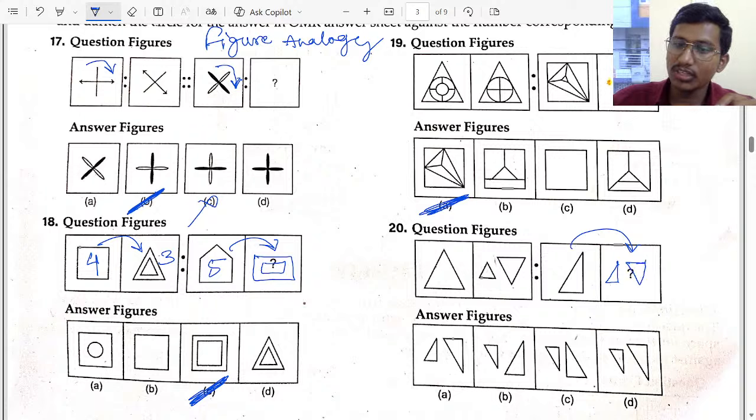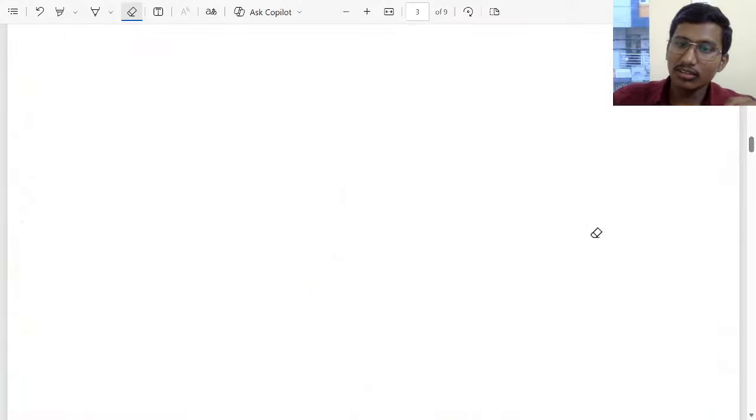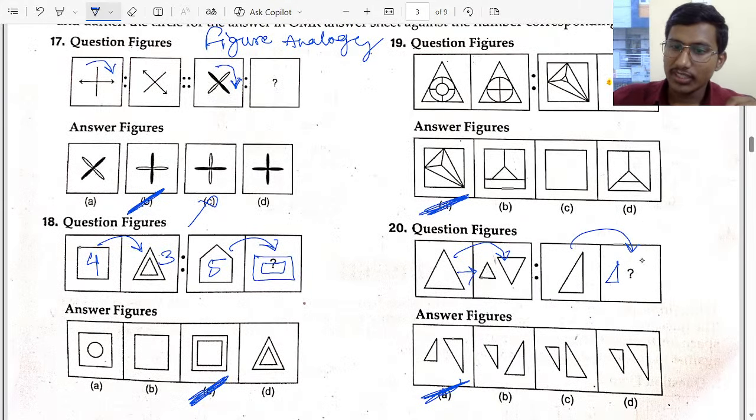So answer option A will come. Invert, that is reverse. So this is the same and this is reverse. If you reverse it, that is how it will look. So answer option A will come.